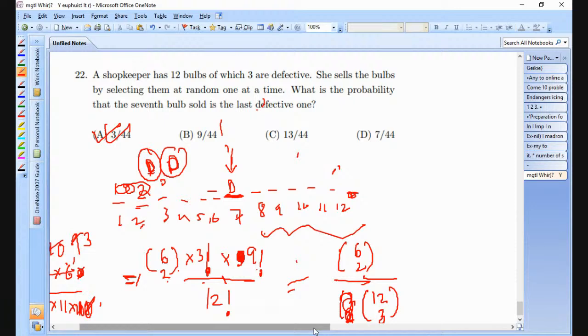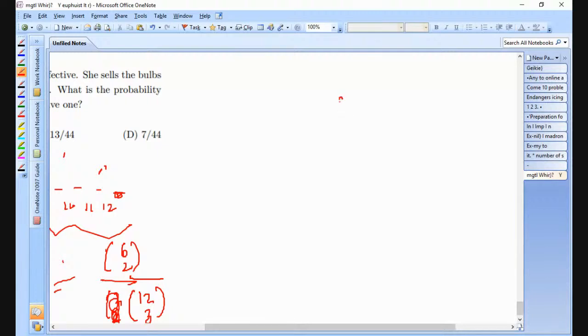So 3C2 into 9C4, divided by 12C6. Why 9C4? 9C4 is for the non-defectives. She is picking 6 bulbs. Out of 6 bulbs, there are 4 non-defectives and 2 defectives. So I'm choosing those, divided by 12C6.